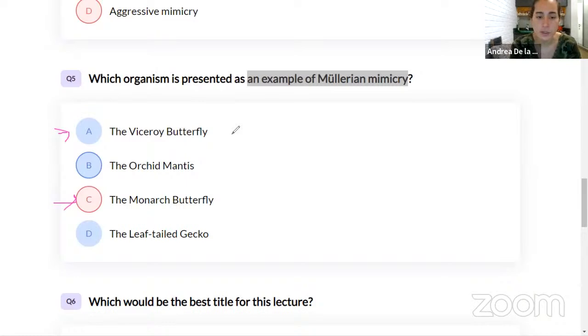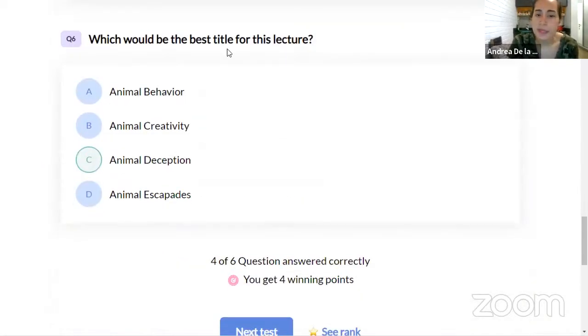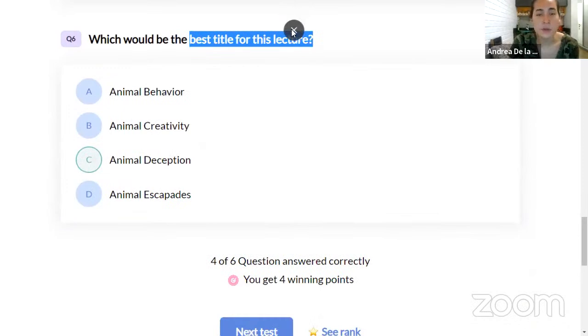Because both of them are mentioned as examples of Batesian mimicry. Knowing that you have two of the same example, it couldn't be either of them, right? And the leaf-tailed gecko was mentioned as an example of camouflage, so it's gotta be B. Okay, guys? Just by looking at it. And great, animal deception would be a good title.